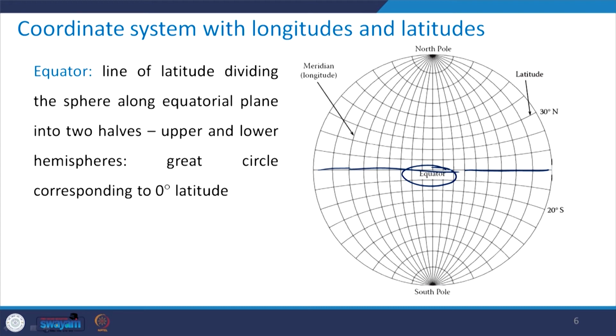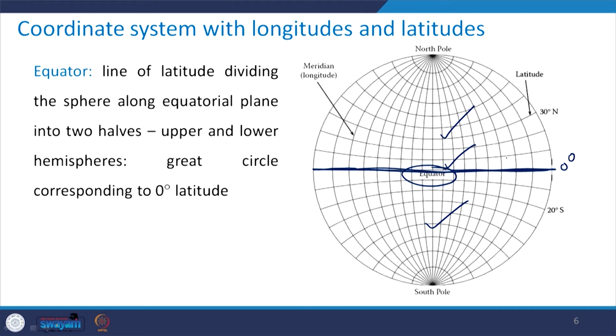That means this equatorial plane divides the sphere into two halves: one is the upper hemisphere, another one is the lower hemisphere. The great circle corresponding to 0° latitude is going to represent the equator. Keep in mind that it is a great circle.